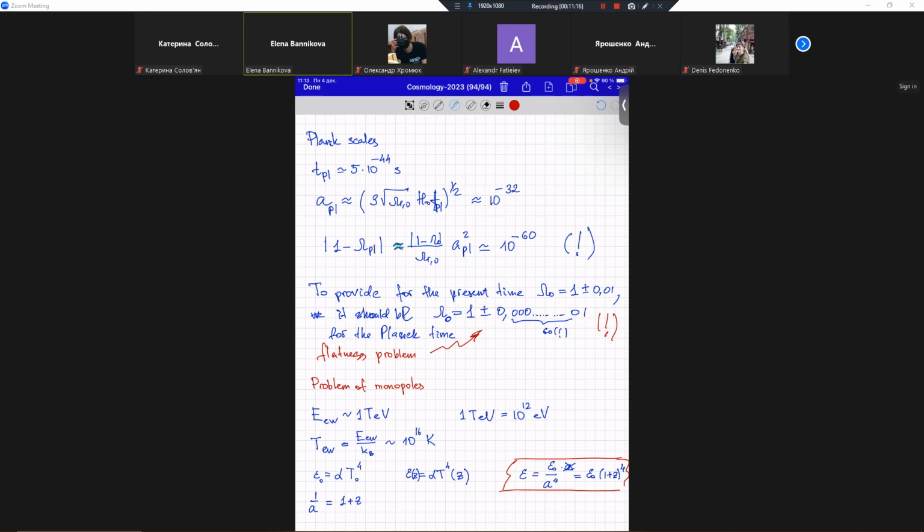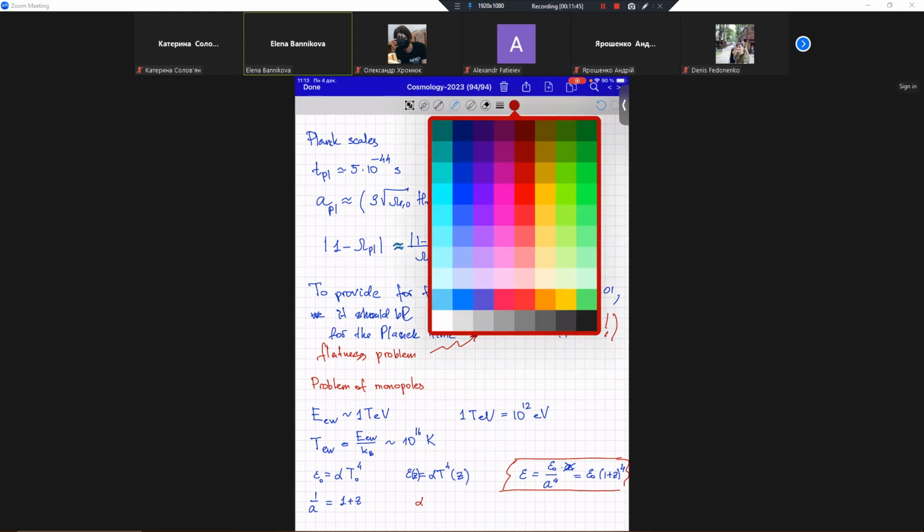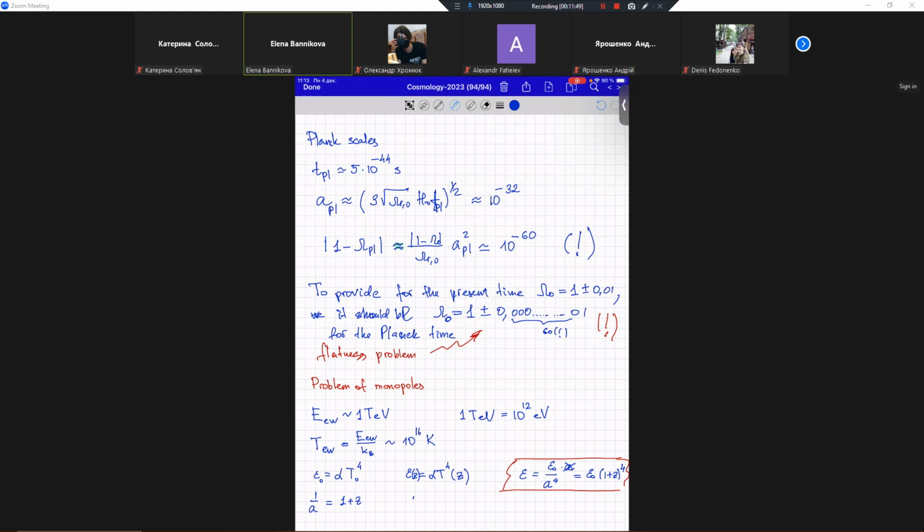If we find the ratio between epsilon z and epsilon 0, we can write alpha T to the fourth at redshift z equals, on the right side, exactly the expression of energy density expressed through the redshift, so epsilon 0 times (1 plus z) to the fourth.